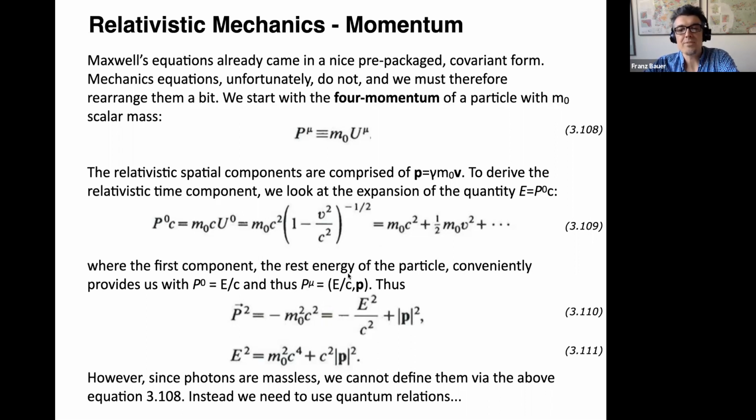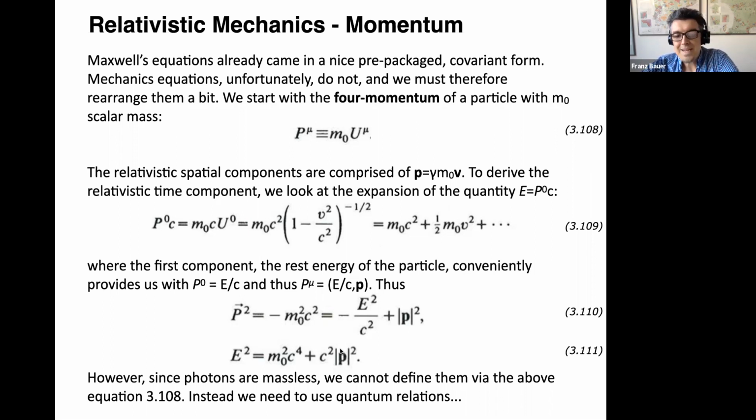We have then the normal x, y, and z components of the momentum. If we square this thing, we end up getting this, which is equal to this thing plus this. And we could rewrite this, move these around, and so E squared is equal to m squared c to the 4, plus c squared times our momentum squared.